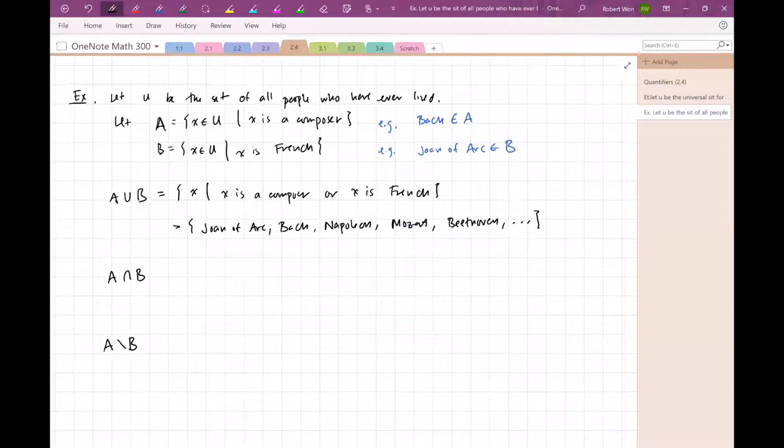Okay, now, again, the funny part is when I say, okay, well, what is A intersect B? So this is a set of all x such that x is a composer and x is French. And I'm pretty sure that Bennett, my friend Dr. Geckner, wrote this example just to show off his knowledge of composers because he's a real classical music buff.